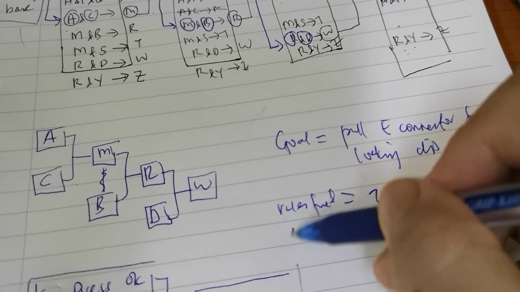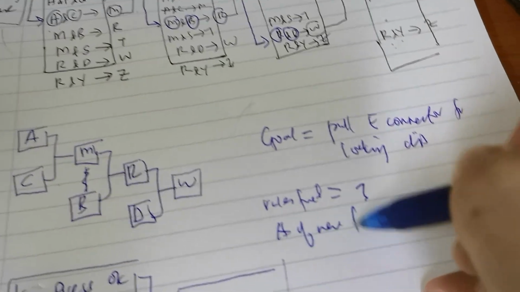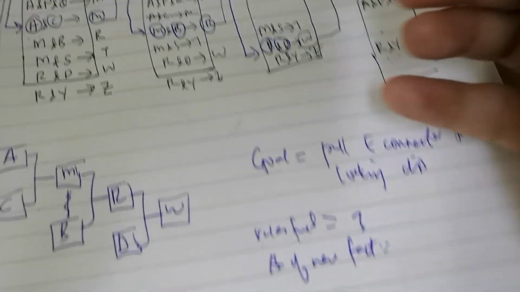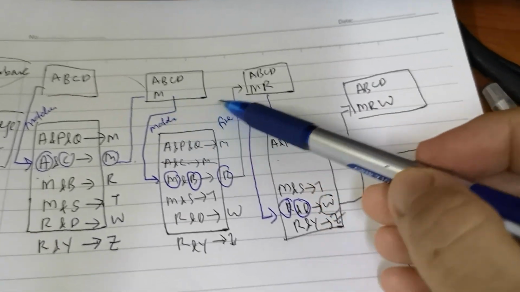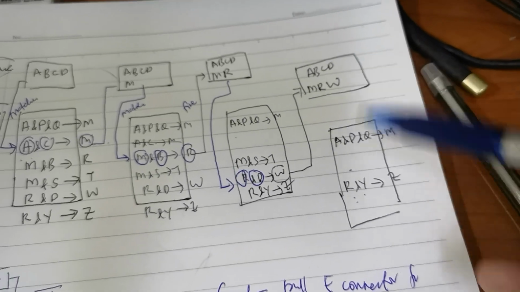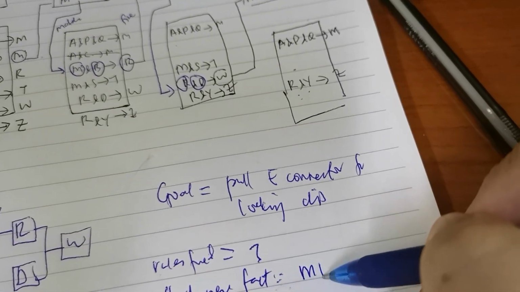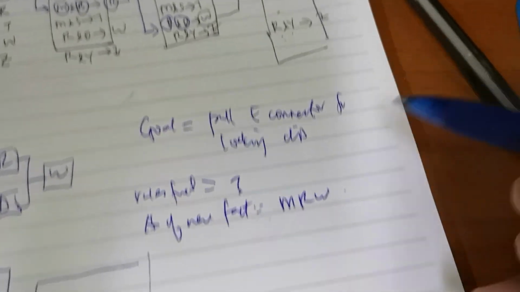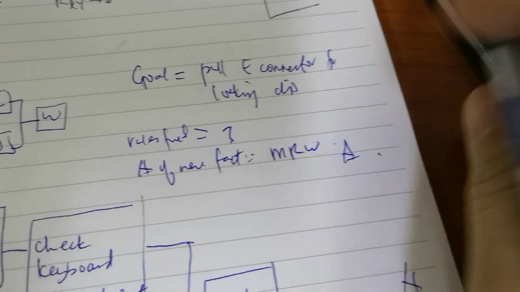The rules that executed: 1, 2 and 3. So 3 rules fired. Then the number of new facts. What are the new facts? You have M, R and W. So that's it. Here is the answer.